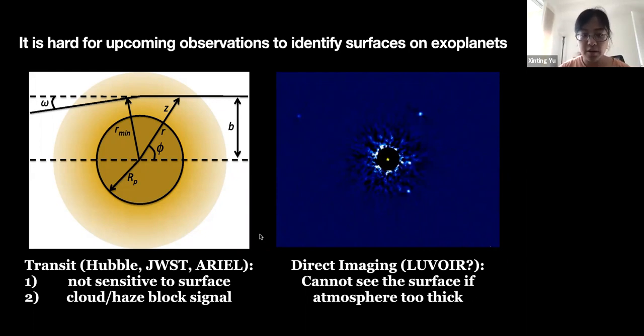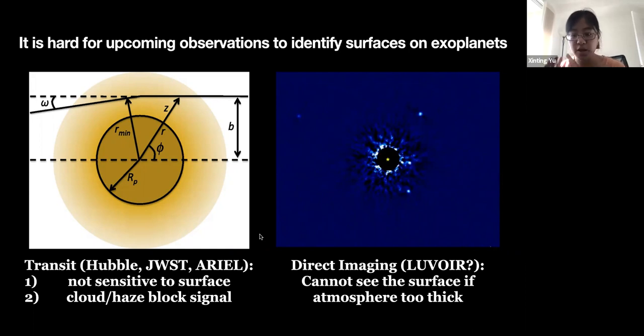This technique itself is not really sensitive to the surface. And then there's something else that's kind of annoying, which is clouds and hazes, because there tend to be some opacity sources in the atmosphere that block the atmospheric signal. So this is not a good technique to directly detect surfaces.